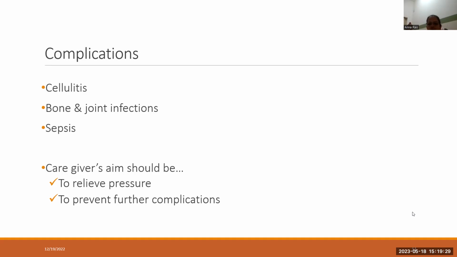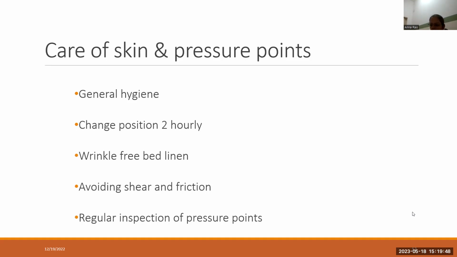So what would be our aim? First and foremost, we have to identify the stage and act accordingly, right? First, our aim will be relieving of the pressure and prevention of further complications. So how shall we take care of skin and the pressure points? Let us see every point in detail. First is general hygiene.